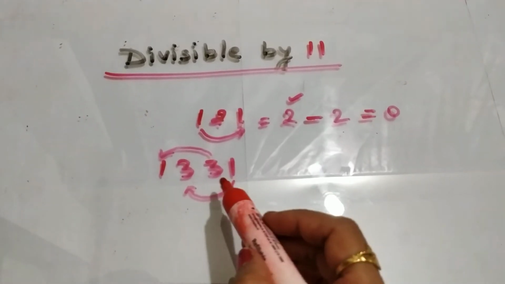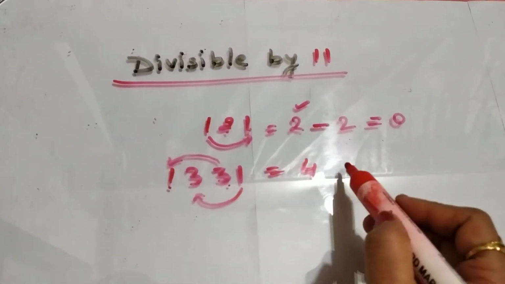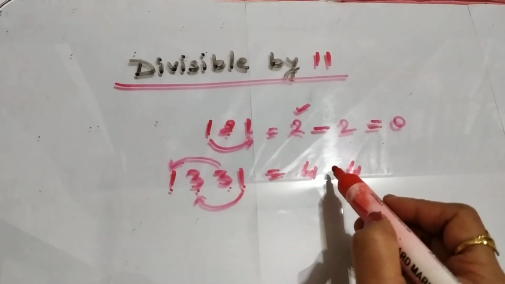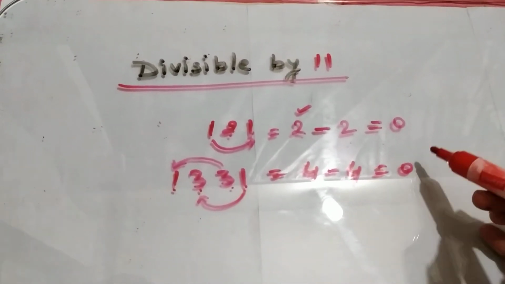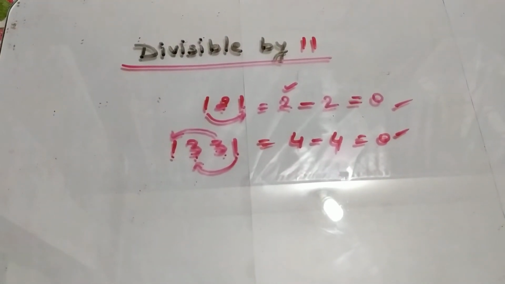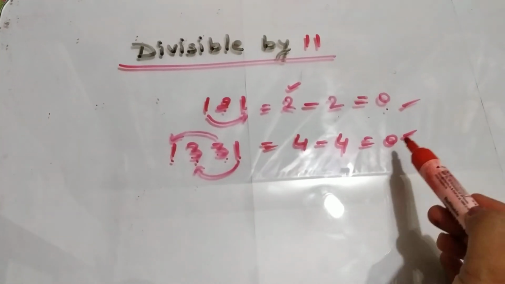Here 1 plus 3 is 4, and 3 plus 1 is 4. Subtract them, 0. In the beginning I told you that 0 is divisible by every number, so it is also divisible by 11.